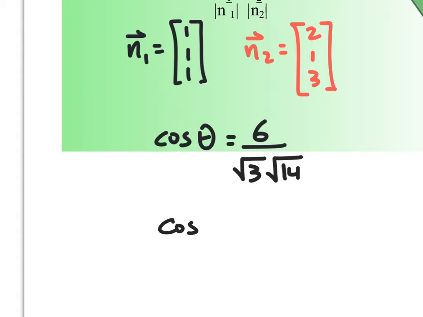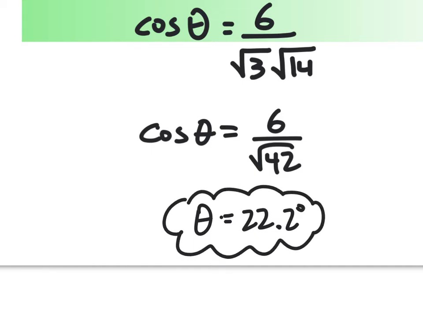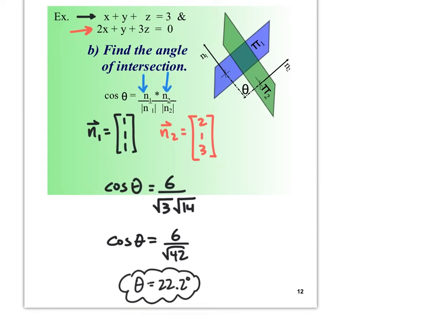So the cosine of theta equals 6 over the square root of 42. By my calculations, theta is approximately 22.2 degrees. Based on the orientation, that's the answer in this case. So the angle between those two planes is 22 degrees.